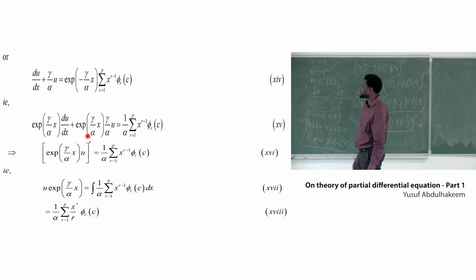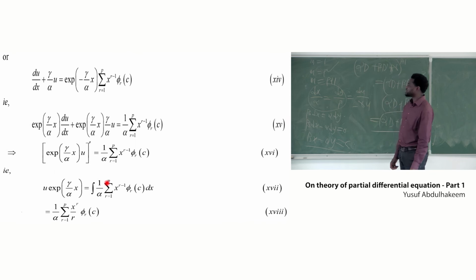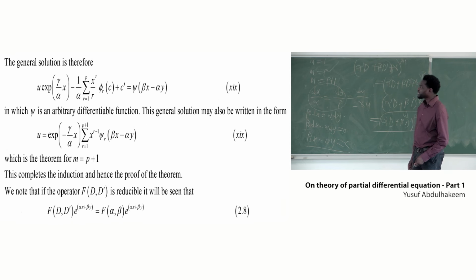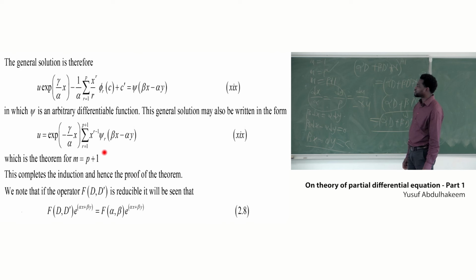And then, by the time we can now integrate both sides of this equation so that this prime here can go, we can have what we have here, and then we have this integral in this place. So by the time we integrate this, we are going to have this next equation. And then the general solution is therefore what we have in this equation 9 here, and then we have our u to be equal to this.